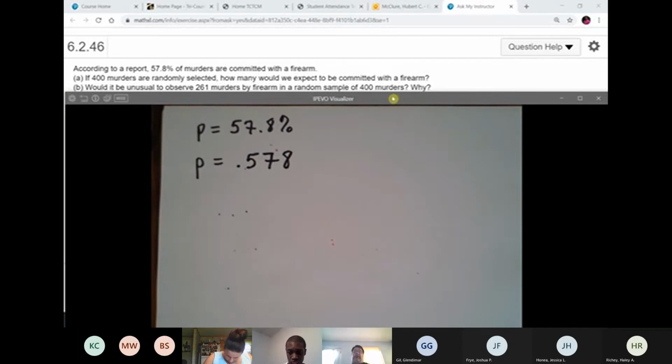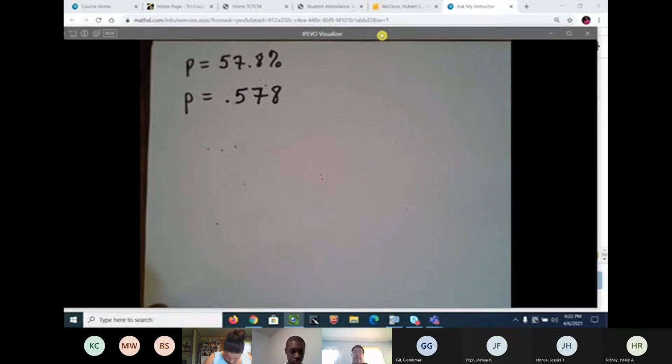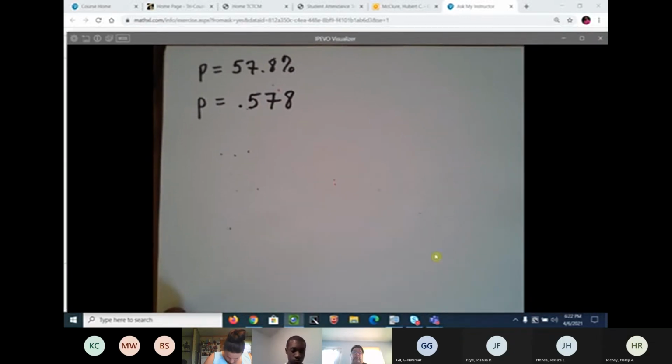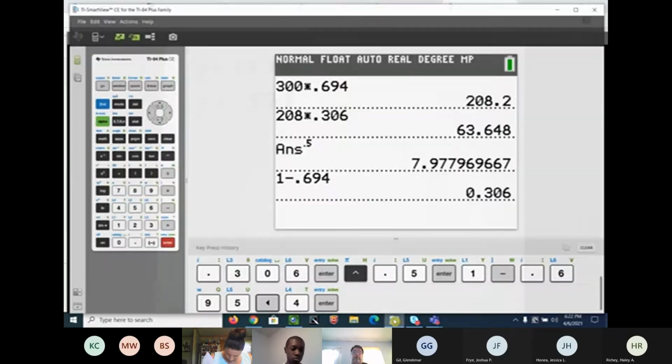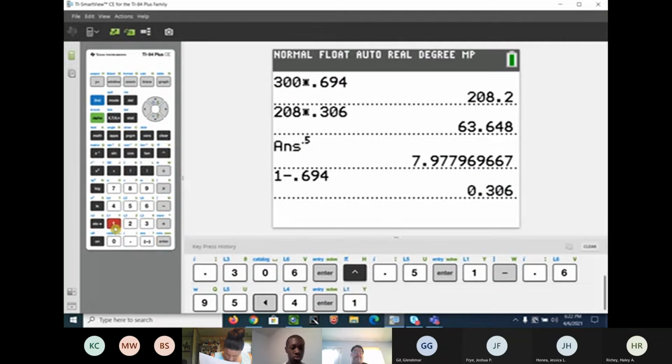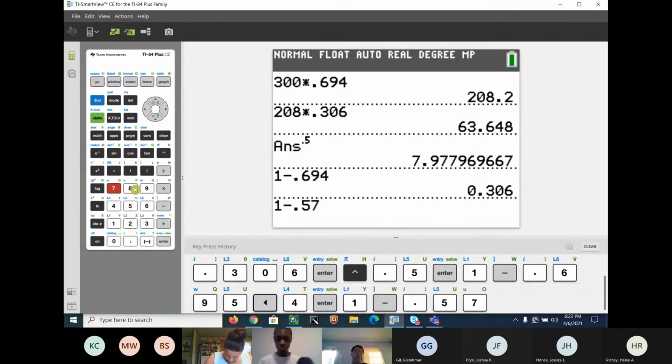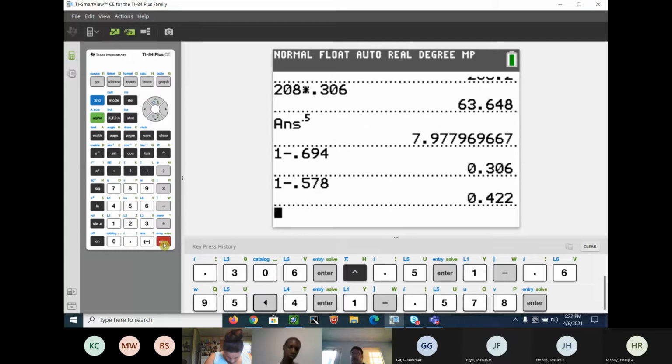And I take my handy dandy calculator and I do 1 minus 0.578. So Q is equal to 0.422. Anybody have any questions on that?